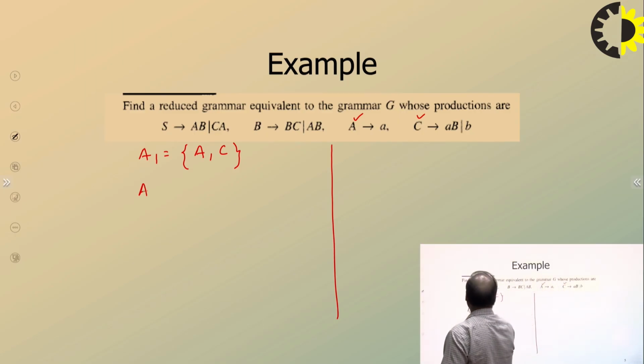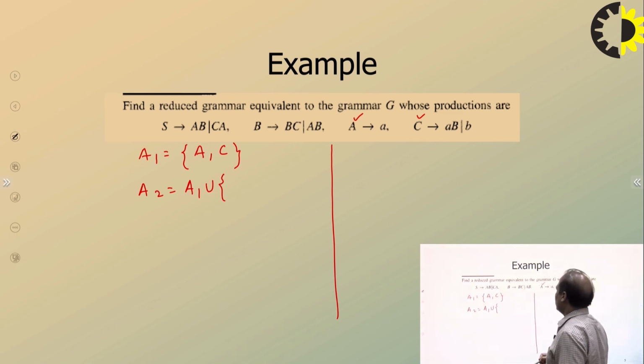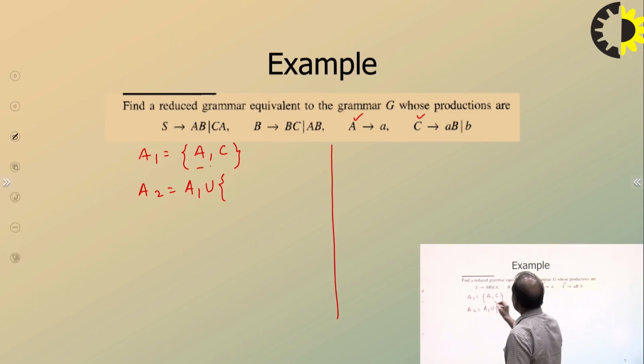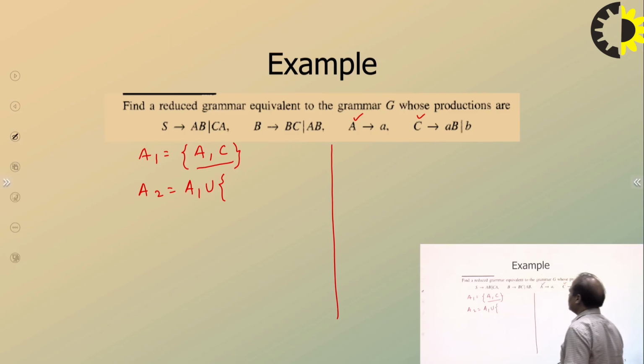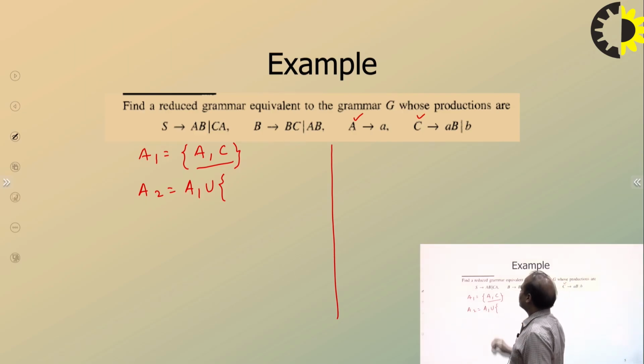Similarly, if you take A2, it is A1 union, yes, AC is there. So look at this AC: for any occurrences of AC in the right hand side, you have to include the left hand side of the production. So AC is appearing here, so S is included here because AC is appearing in the right hand side.